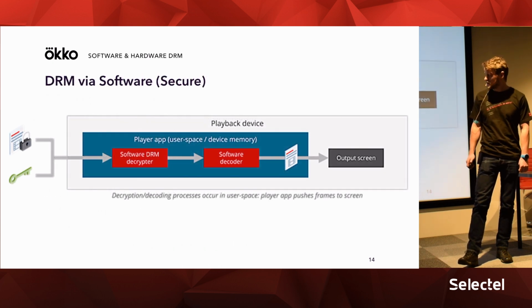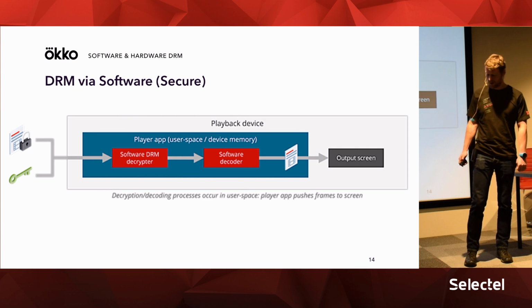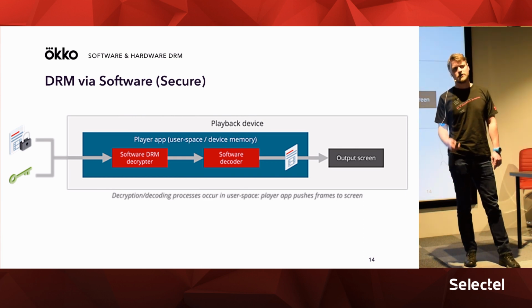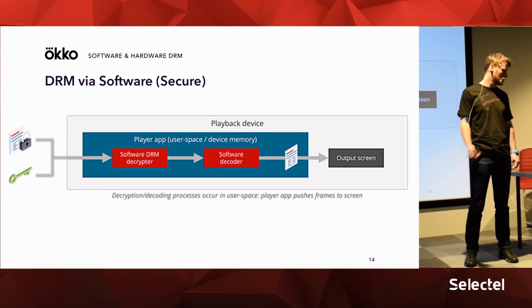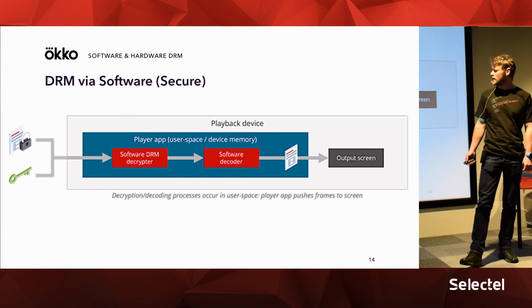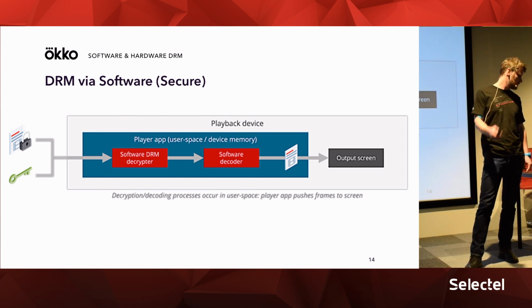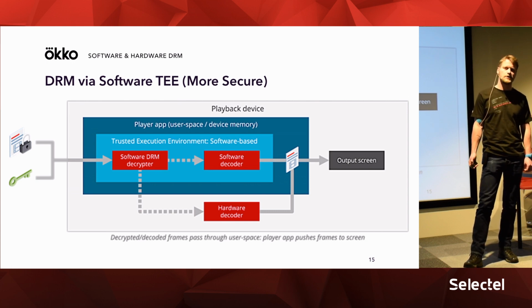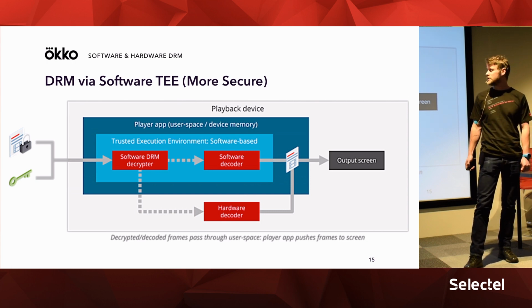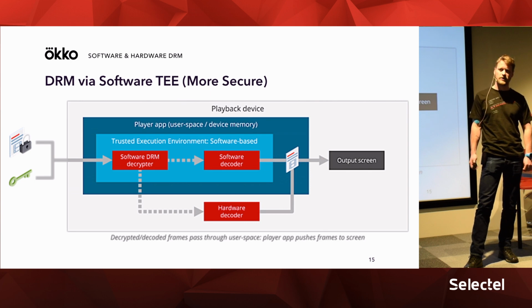Okay, software DRM, when you have all your keys inside the secured key box in the software, and unprotected video also goes through the software. Making it more secure, you can store your keys inside the trusted execution environment in the chip, but your unprotected video still goes through the unsecure way with software to the screen.